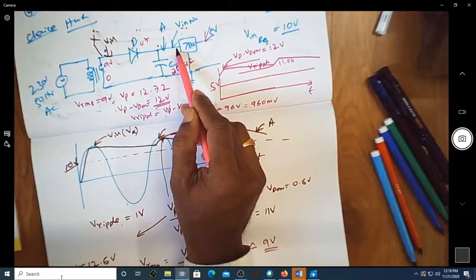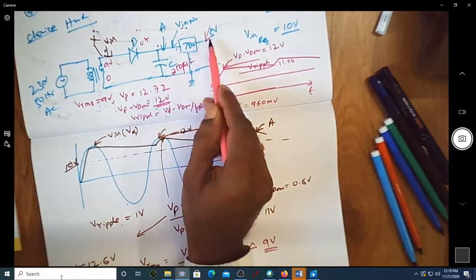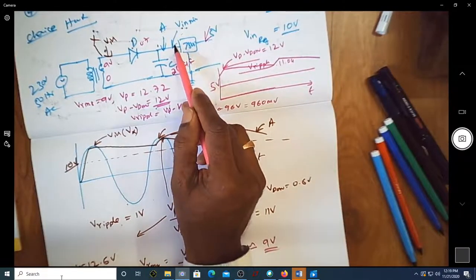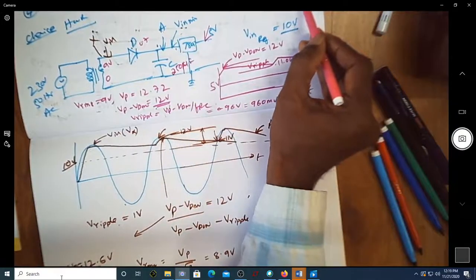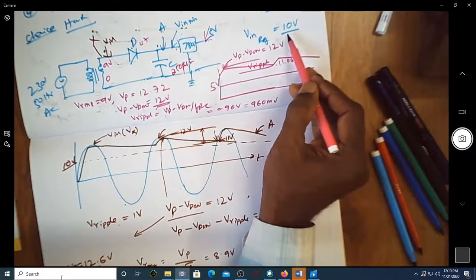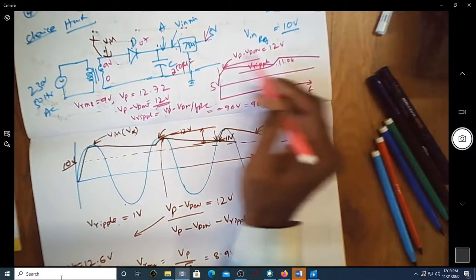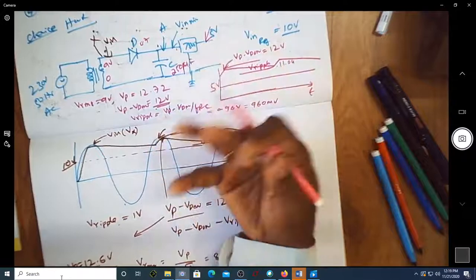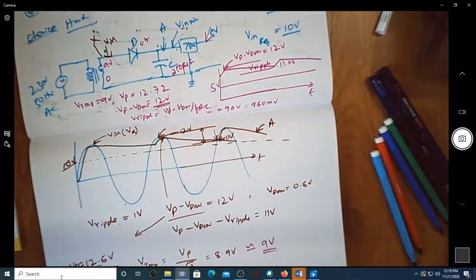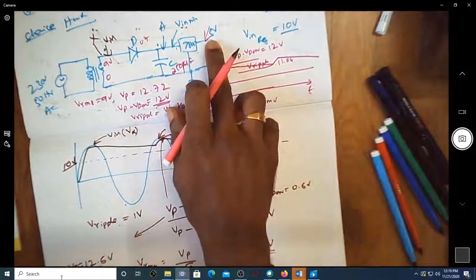You need to decide how much to keep so that you get a constant 5 volt. I need to have 7 volt, so just keep more than 7. If we assumed it to be 10, even if it is 11, it is not an issue. So always try to have more tolerance so that you never end up in trouble in not getting a proper voltage.